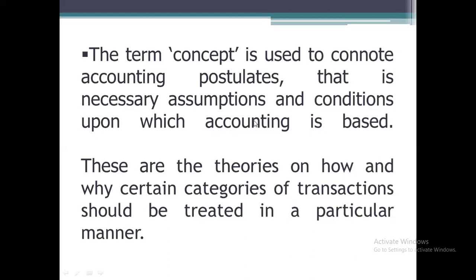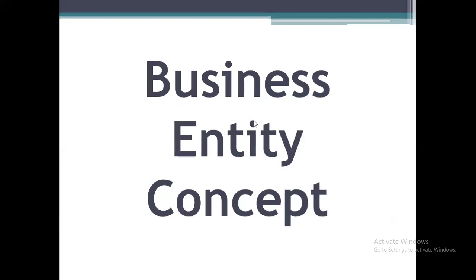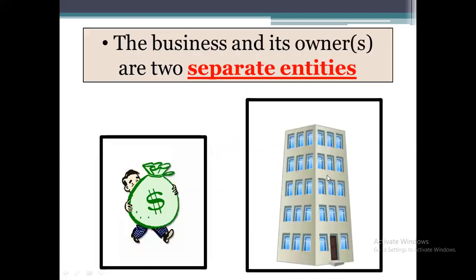Let us move on and understand the different concepts. First and foremost, a very important concept is the business entity concept. What does this say? Whenever there is a business and businessmen, owners and business are two different entities. For example, I'm starting a car showroom.